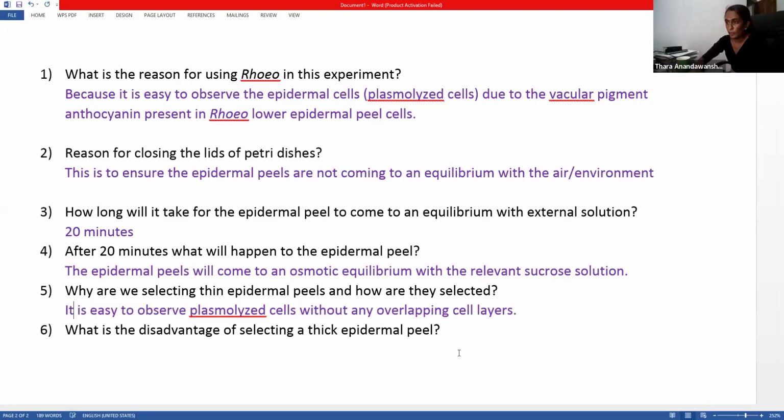So the opposite of this coming as the next answer, what is the disadvantage of selecting a thick epidermal peel? What is the disadvantage?